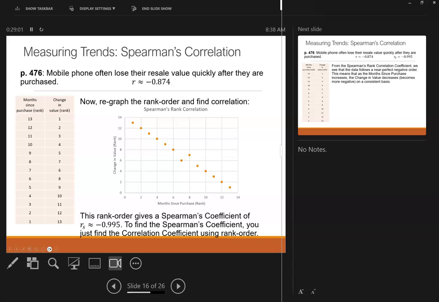What this is telling me here is -0.995 for my Spearman coefficient, which means I have a very strong negative relationship between this data. It doesn't tell me the shape of that relationship, but it definitely shows that the older your phone is, the less valuable it's becoming. That's pretty certain.